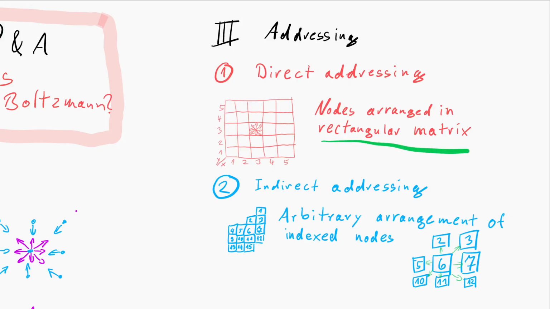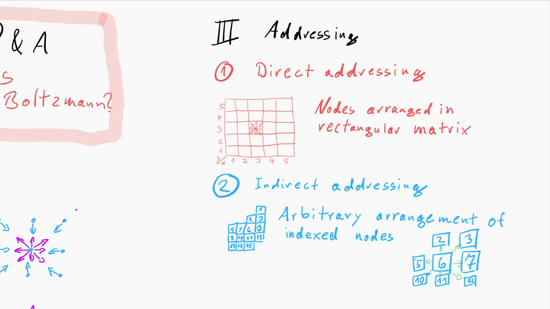So you can actually address everything by their coordinates, and you do not need to store any neighbor information. This is a good thing when you have a regular domain that fits well in a rectangle.